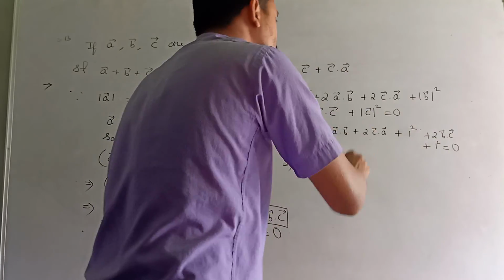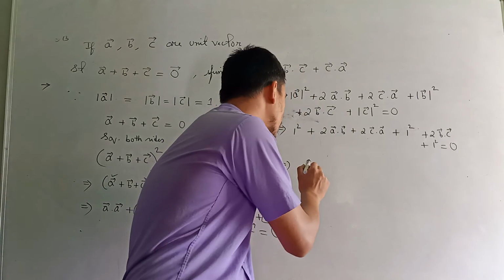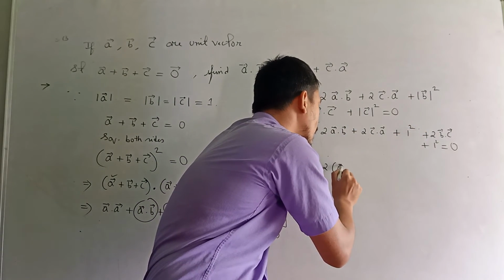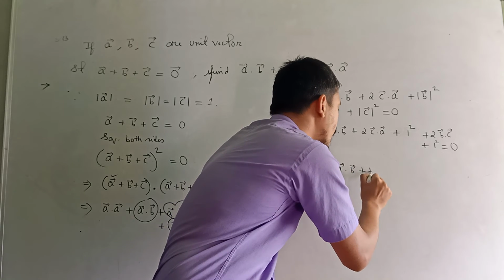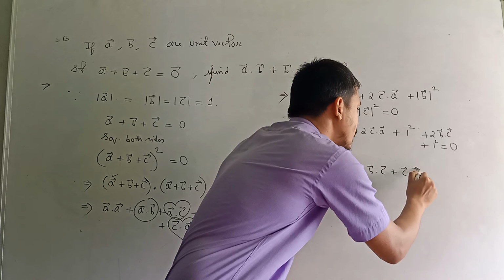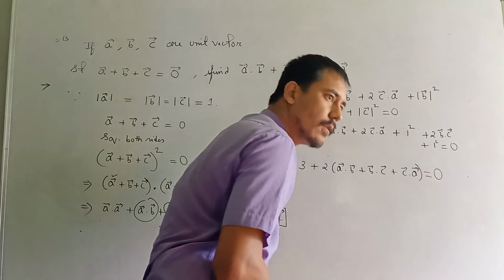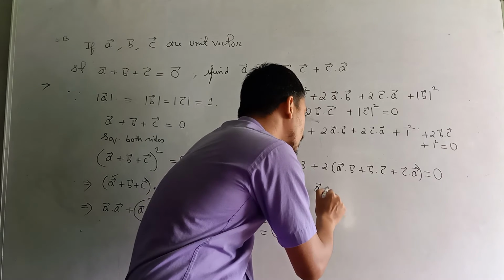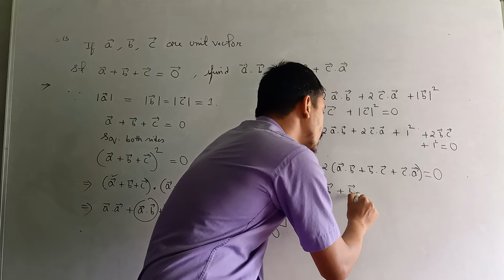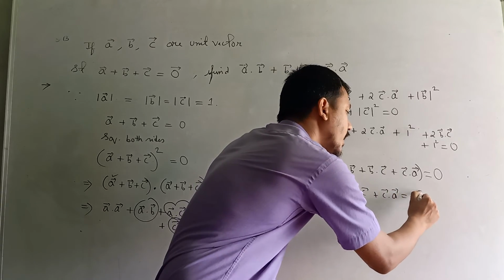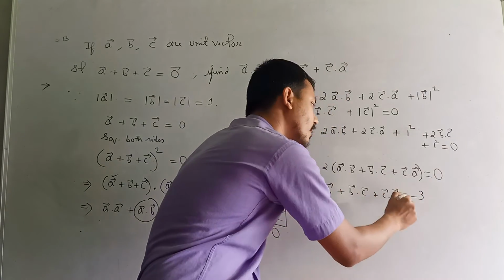1 squared plus 1 squared plus 1 squared is 3. 3 plus, if I take 2 common, 2 times (A dot B plus B dot C plus C dot A) is equal to 0. So that means A dot B plus B dot C plus C dot A will be equal to minus 3 by 2.